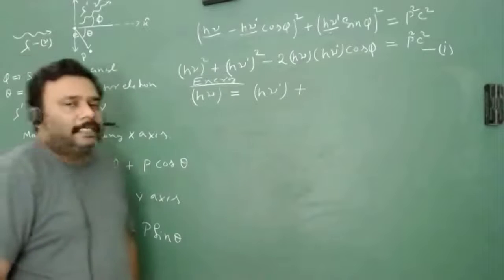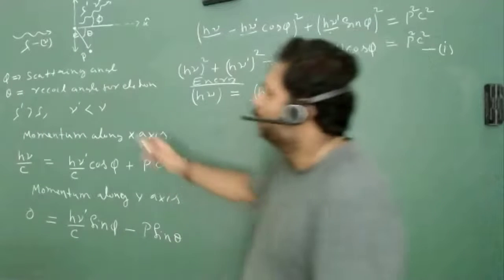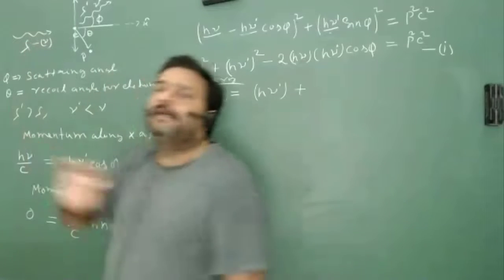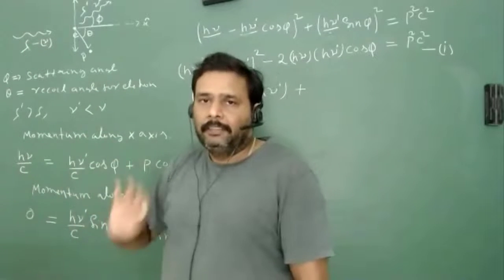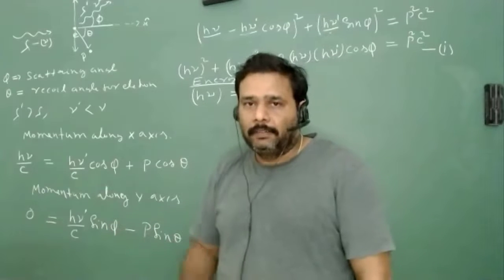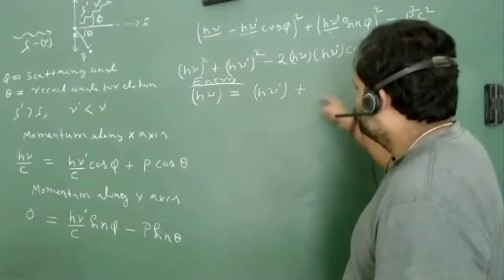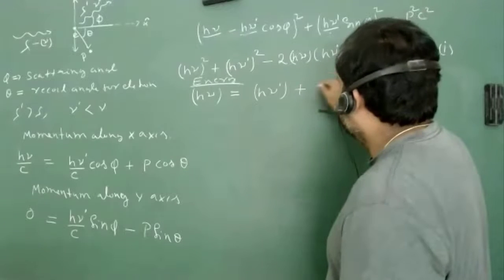So what is the kinetic energy of the electron? Here we are taking the relativistic energy, because this X-ray is a highly energetic X-ray. It has approximately this sort of energy, so we will use the relativistic energy. What is relativistic energy?